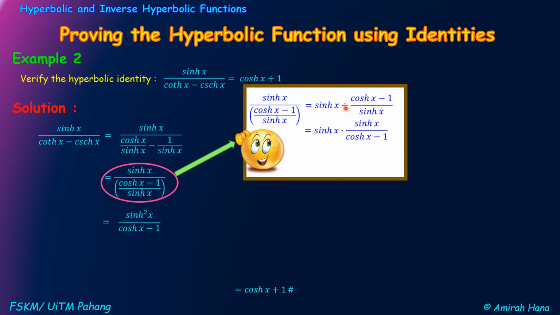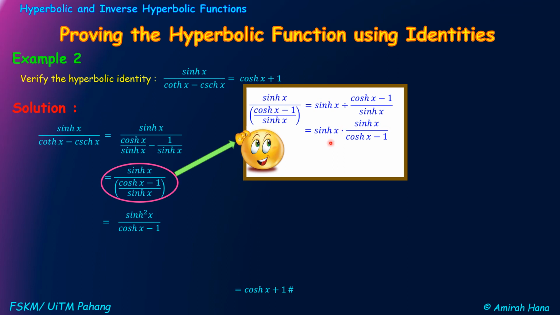Divide here, we can change to a multiplication operation, but we need to exchange the numerator and denominator. So multiply by sin x over cos x minus 1. Sin x here means sin x over 1.